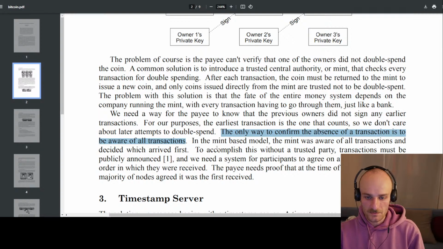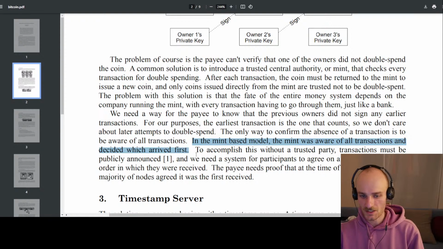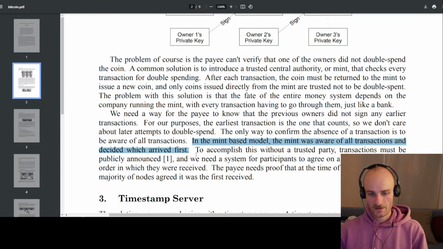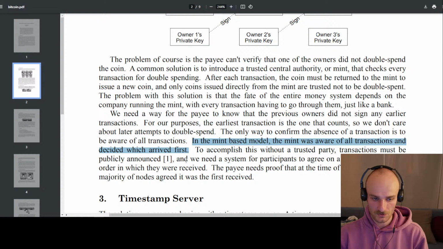In the mint-based model, the mint was aware of all transactions and decided which arrived first. So here we just have a guy with the register, which allows him to derive the account of each user. Therefore, they are in position to decide which arrived first.